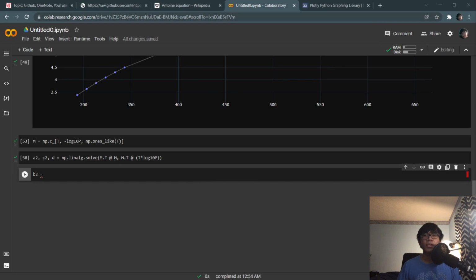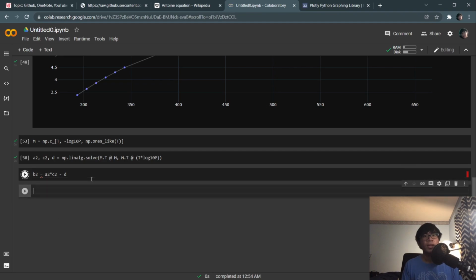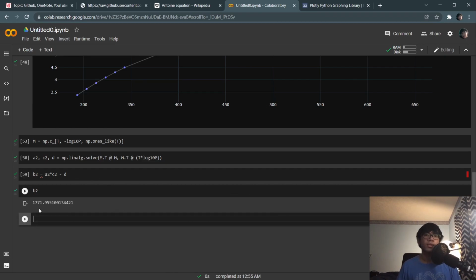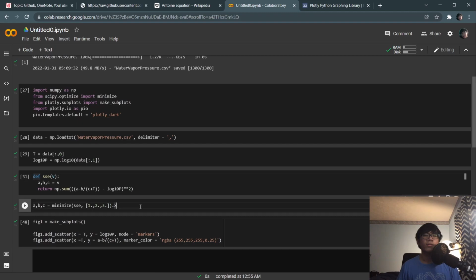Right here. B2, again, differentiating from the first B we had, is A2 times C2 minus D. And shift enter. Let's go ahead and print what it was. B2, 1771. And, where is it now?